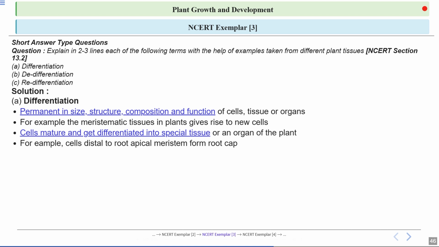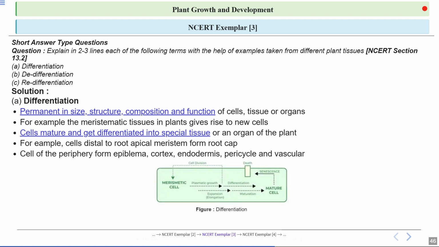This is one of the examples showing the differentiation. And cells of the periphery, surrounding these meristematic cells, form the epiblema, cortex region, endodermis, pericycle and vascular tissue. So here you can see the differentiation.